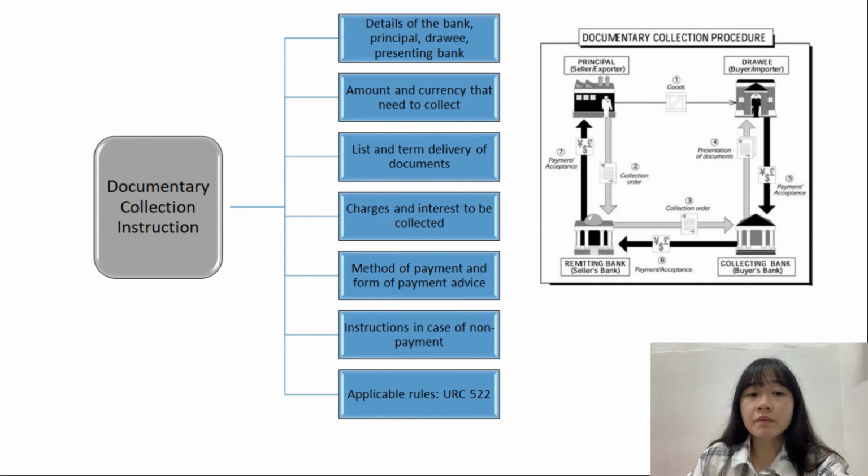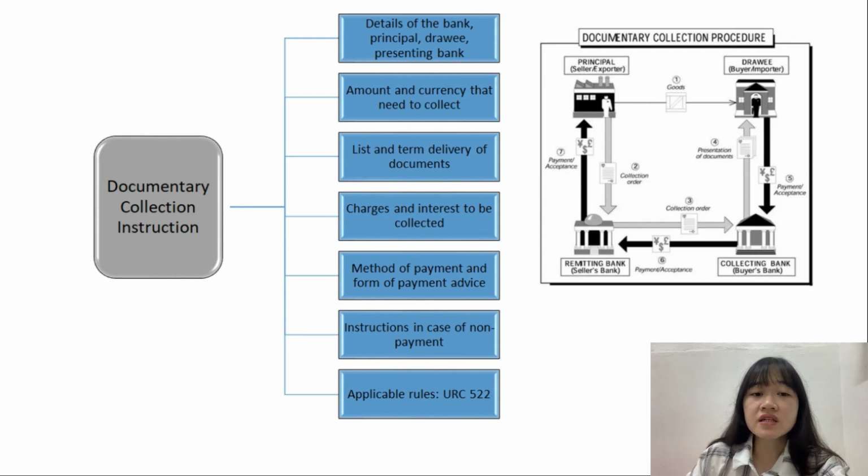Other than that, the amount, currency, charges, and interest to be collected should be stated clearly in the collection process. For interest, applicants should understand the rate of interest, period, and basis of calculation that will be collected.